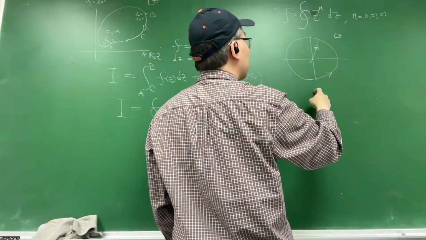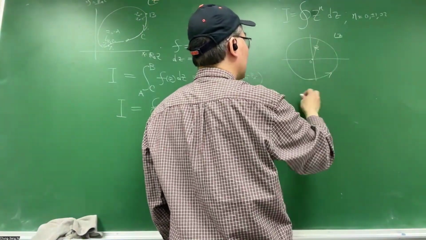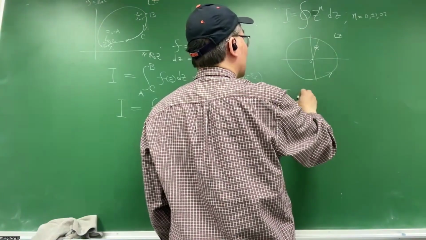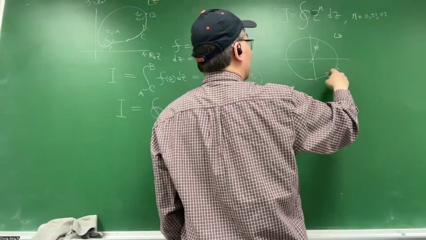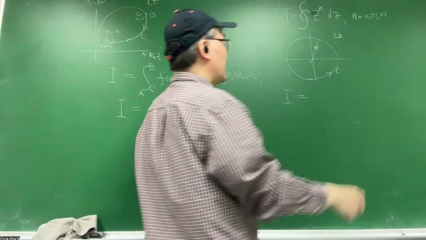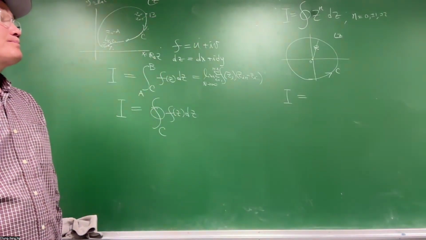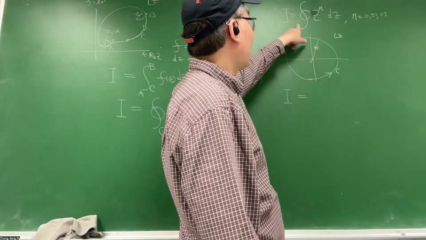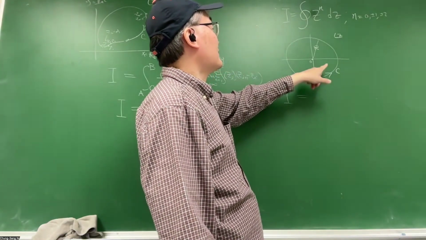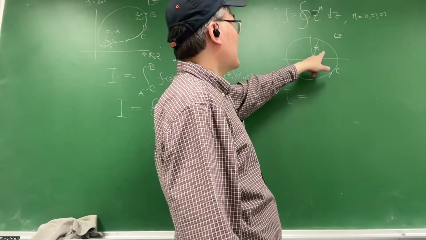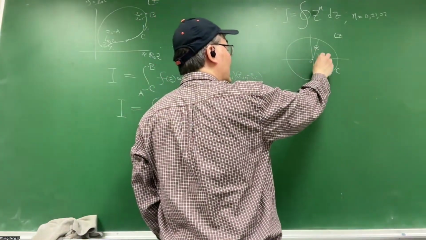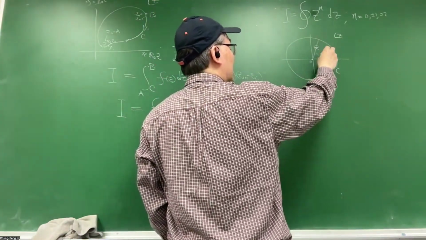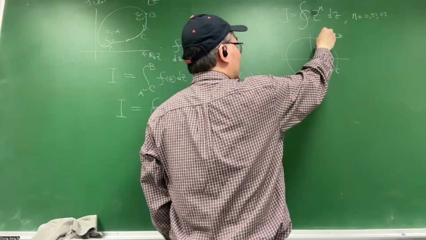So in this case, this path C is just a circle, and there's an obvious way to evaluate this integral using a parameter, the parameter that is the polar angle at a certain z.